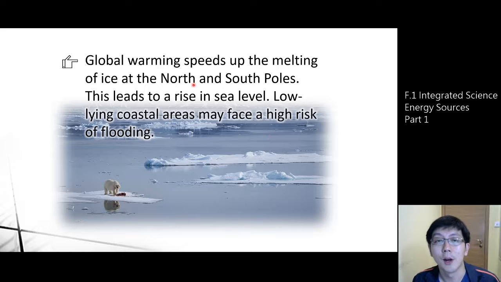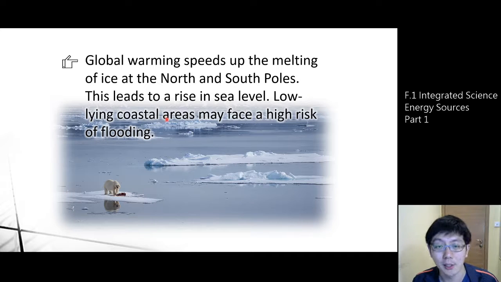And you know that global warming will have different kinds of consequences, such as melting of the ice in the North and South Poles, melting of the polar ice. Of course, the sea level rise may cause flooding in coastal areas. And also global warming will change climate patterns, and so on.